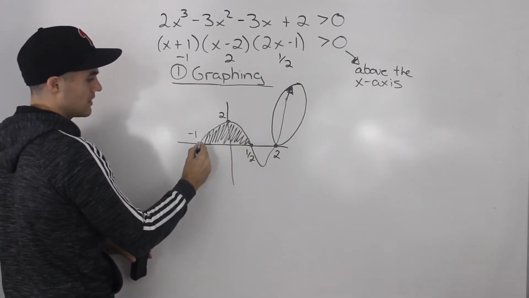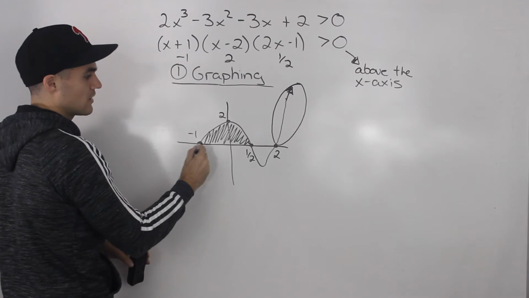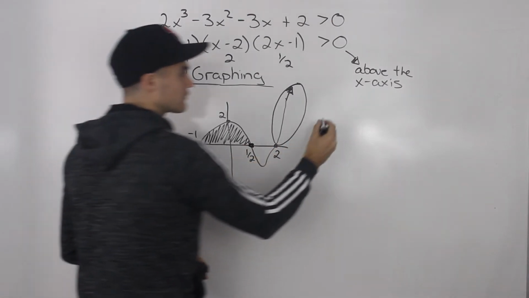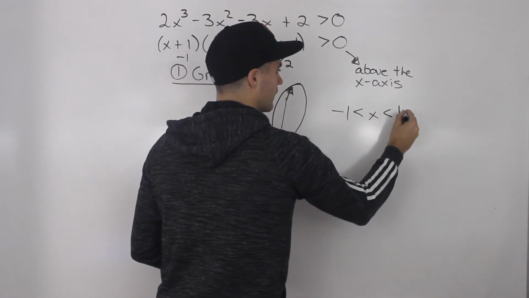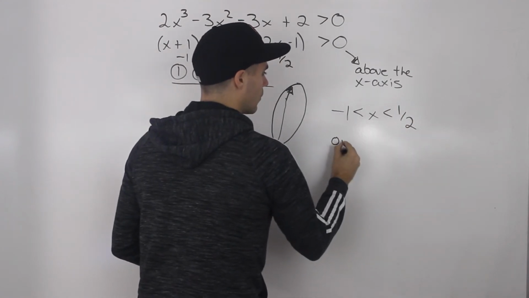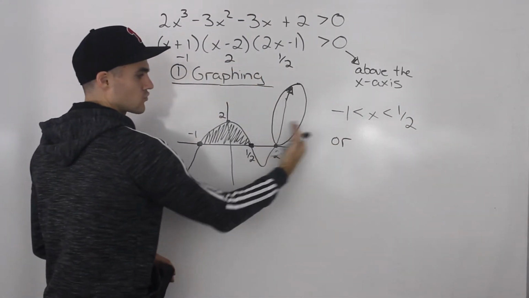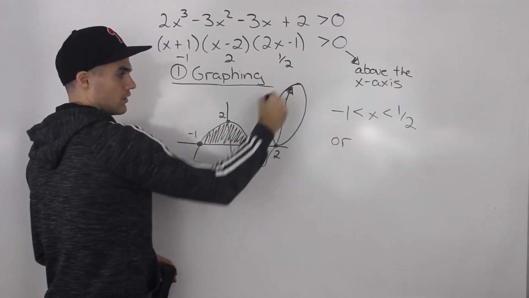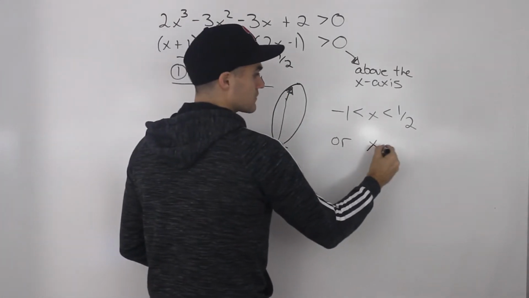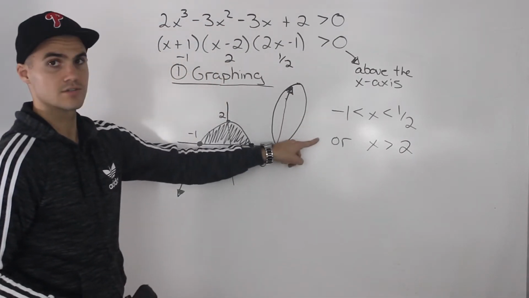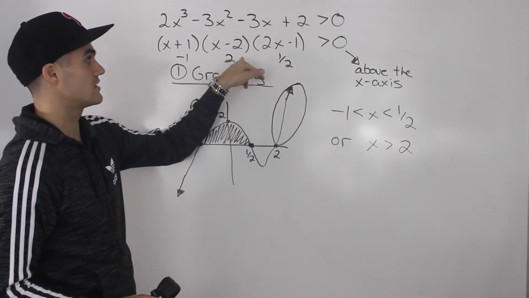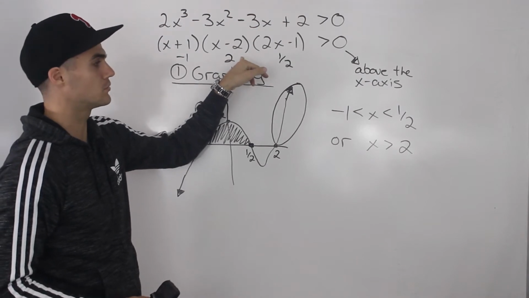Well, the y values are positive between an x value of -1 and 1/2, or when x is greater than 2. All of the y values are positive. So this is the answer to this question, to this polynomial inequality.